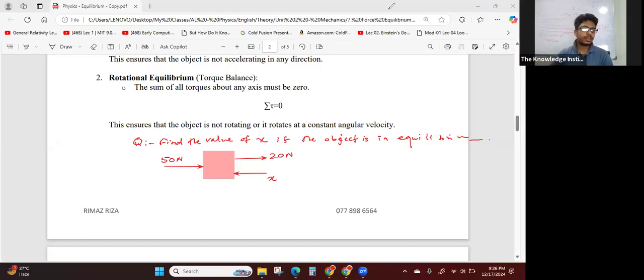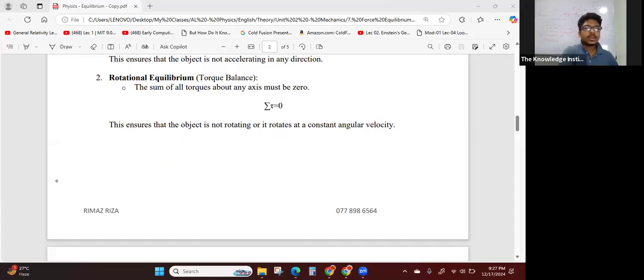Simply to the left. Okay, so the answer is 70 Newton. Now let's move on to another type of question.